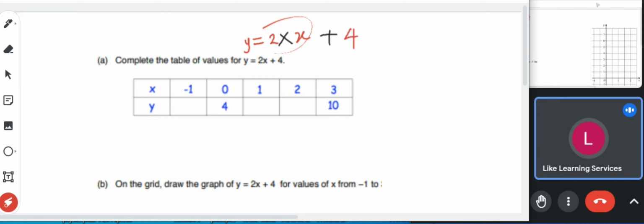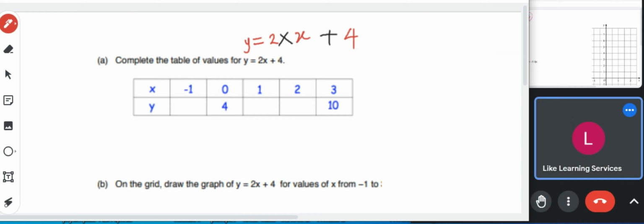Like in the first, 2x means 2 times x. So 2 times x for the first one becomes 2 times what? Minus 1. Yeah, so 2 times minus 1 will give you what? Minus 2. Then you add 4. That's minus 2 plus 4.